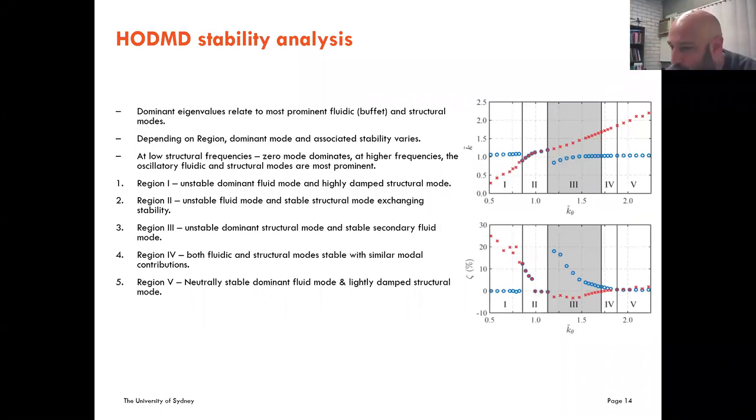Can you just briefly describe what higher order DMD is, and then re-explain the significance of the stability of the fluid versus structure modes? DMD, like Raul was saying, is not that different from an ERA. Really, it's a singular value decomposition.